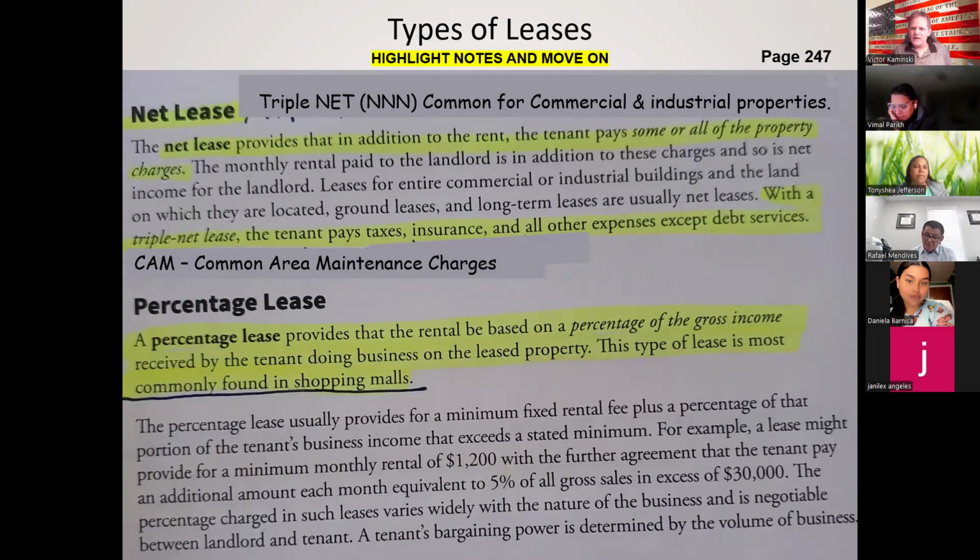So one day here, gone the next, because you're not living up to the lease's contractual terms. Maybe you have to pay $1,200 a month plus 5% of all your gross sales in excess of $30,000 a month, but you need to gross at least $50,000 a month, and you don't gross $50,000 a month. So then the tenant would be bye-bye, because they're not meeting the lease requirement.